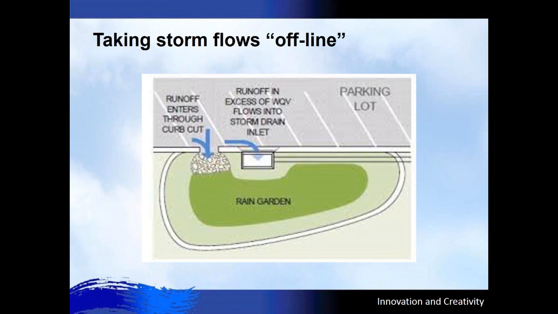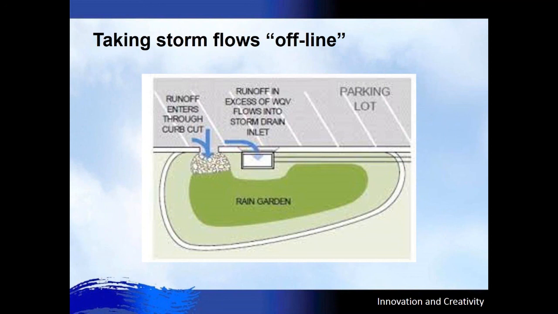So what you do there is you reduce the velocity and the interruption of the water. And so obviously you use a curb cut, and you can use lots of different ways to offline things, but that's one of the main creative design principles that really help with designing.